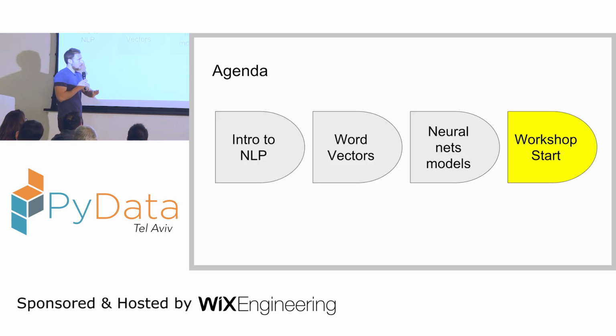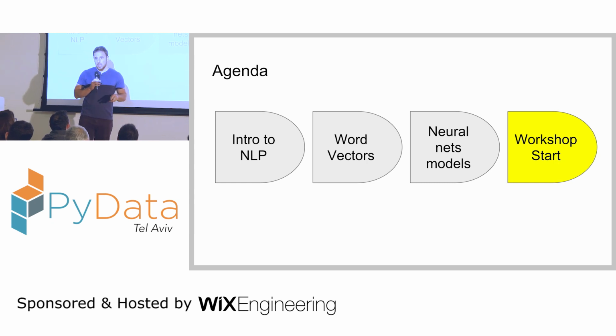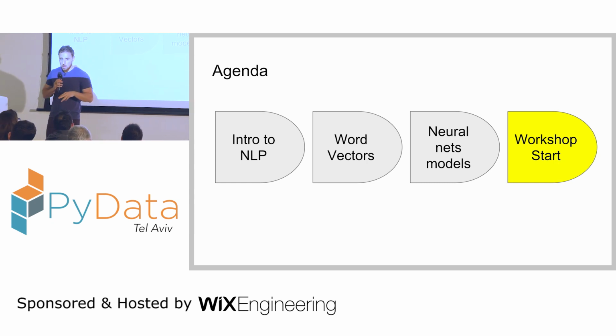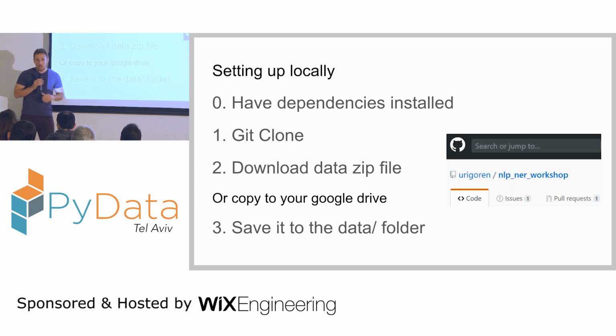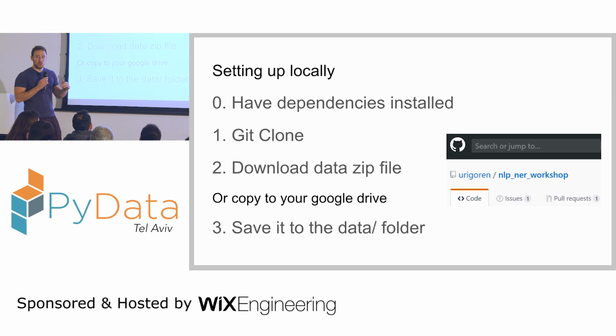Okay, so far we covered the two models that apply to our problem. Now we're going to talk tachlis and talk about this workshop. Hopefully you all cloned the repo and you all have Python 3.6 on your computer, and you all followed the instructions listed on the website.